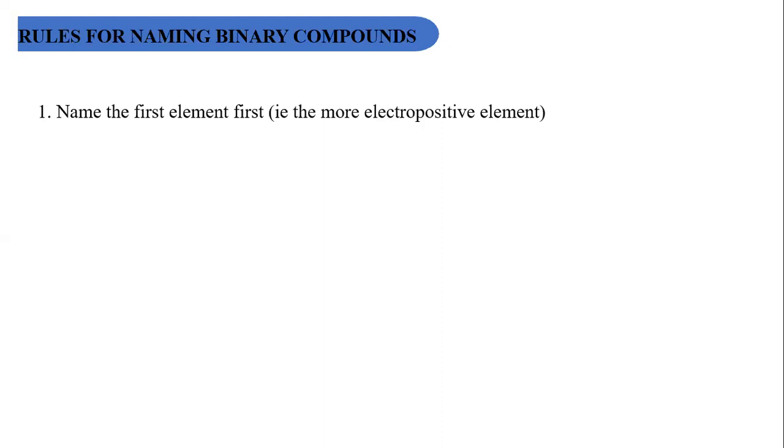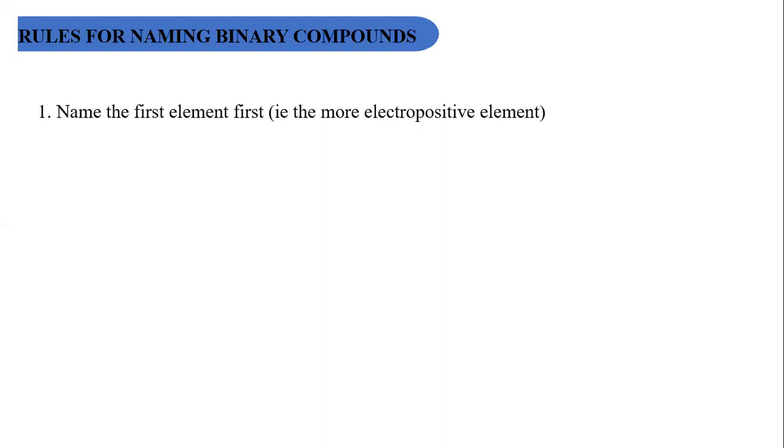Let me explain that. What we mean by the more electropositive element is the element that has a better tendency, a higher propensity to become positively charged. It doesn't mean that the element can form a cation, because if you take the compound SO2, the first element over there is sulfur. Sulfur doesn't form positive ions. But in this compound SO2, sulfur is the one that has a higher tendency to become positively charged.